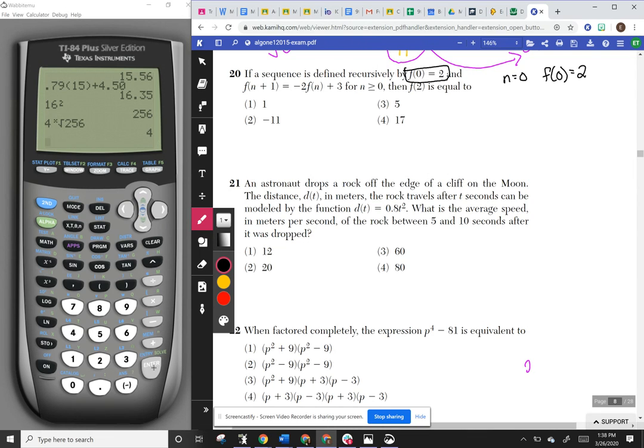So now let's find the first step, when n is 1. Well, that's going to be f of 1. We don't know what f of 1 is, so we need to use this function. So I'm going to rewrite this because we have f of n plus 1.